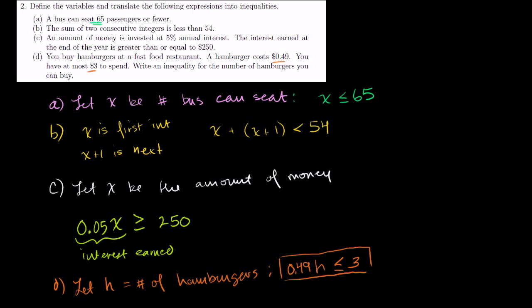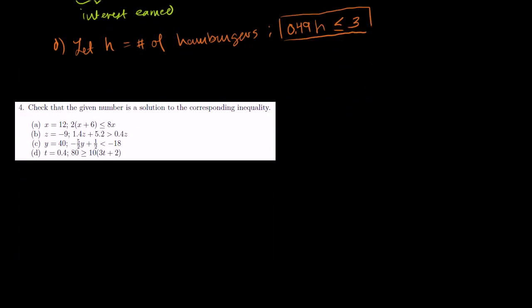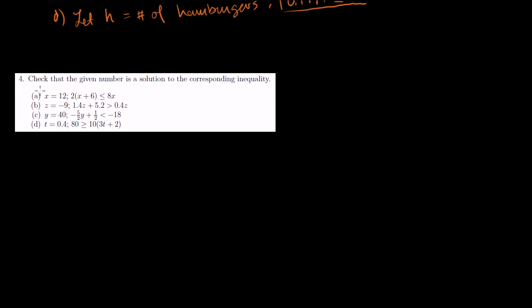Let's do problem 4 here. Check that the given number is a solution to the corresponding inequality. All right, part A here. So the inequality is 2 times x plus 6 is less than or equal to 8x. And they're saying that x equal to 12 is a solution. Let's verify that.